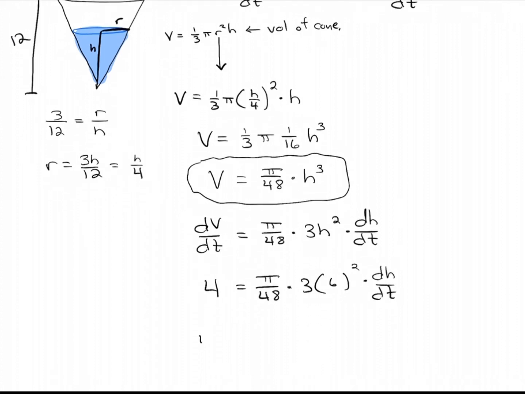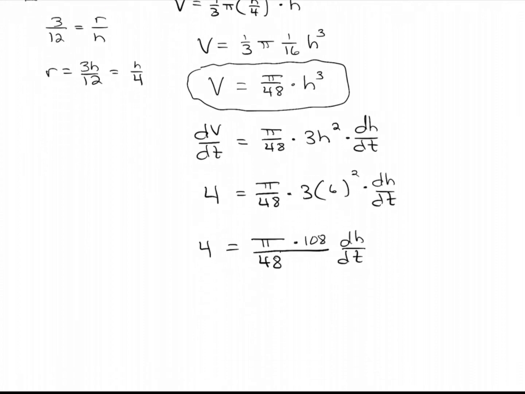All right, so we've got 4 equals pi over 48, and 3 times 6 squared, that's 3 times 36, which is 108. So dh dt is 4 times the reciprocal of this. I'm going to multiply both sides by the reciprocal, so I get 48 on top, and 108 and pi on the bottom.